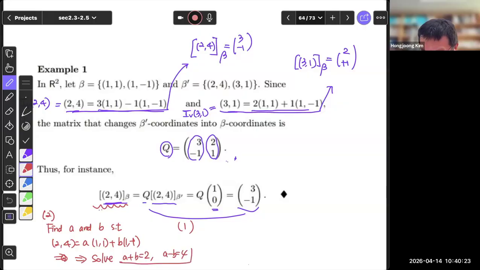You need to solve these equations to get these two numbers A and B. So if I follow path 2, you need to solve a system of equations in general. But in the case of the first path, as long as you have this Q matrix, you can easily find the vector result. But anyway, it depends. Depending on the situation, you may prefer the first path or the second path.